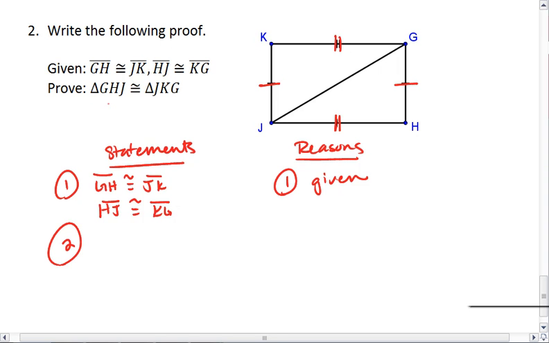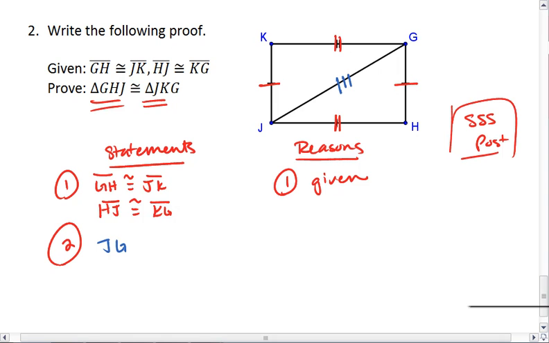Now, because we're trying to prove congruent triangles, and the only way we have to do that right now is the side, side, side postulate, we're going to have to use that, which means we need to prove the third side congruent, which is side JG.